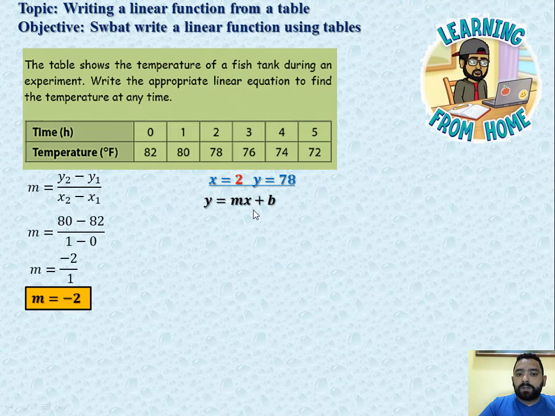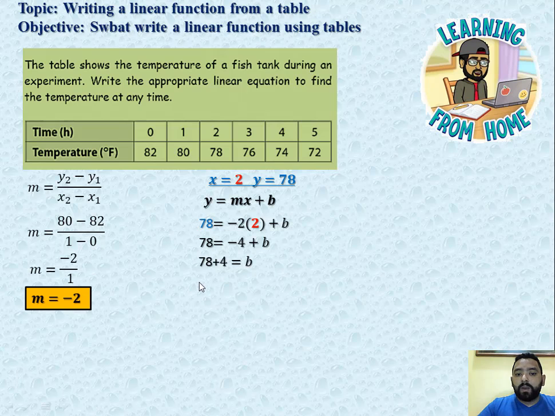Then we need to substitute these values in this function. Look, the value for y is 78, so we replace it here. The value for m, we have in step 1, which is negative 2. The value for x is 2. And the value for b is the value that we need to find, the y-intercept.